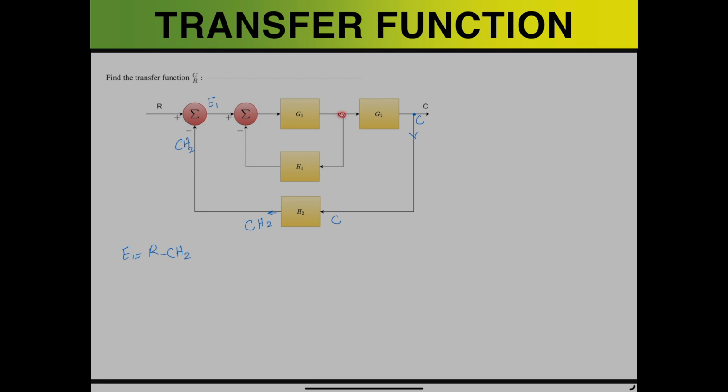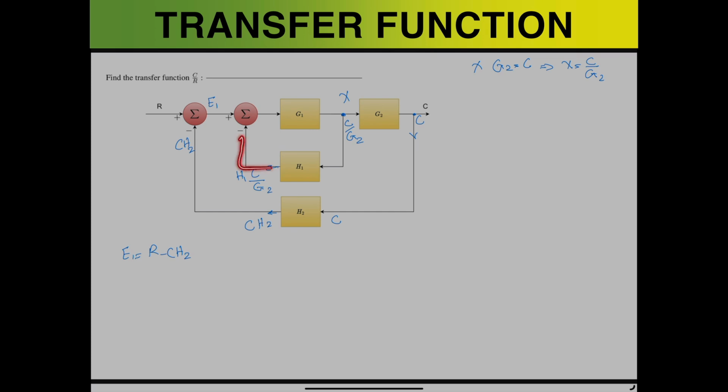However, we know that this node is only one block away from the output, which means that whatever this node is will be multiplied by G2 to get C. Which means that there is this node that I can call X, and X times G2 is C. This means that X is simply C over G2. Now I know this node, which feeds H1. Then the output of H1 becomes H1 times its input, which is C over G2.